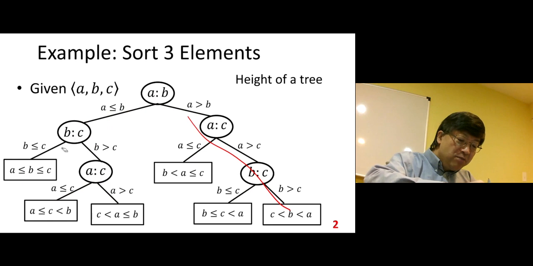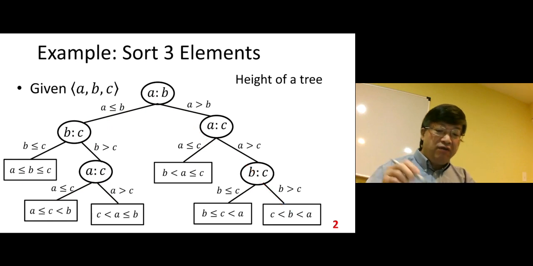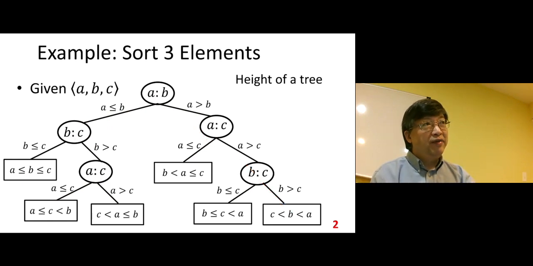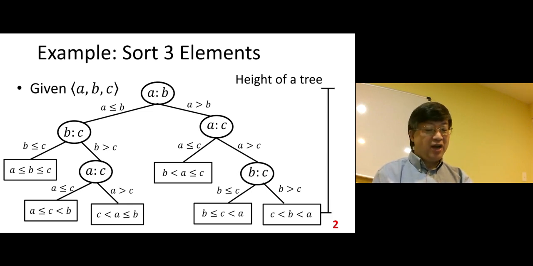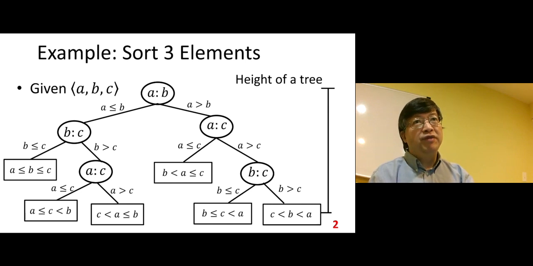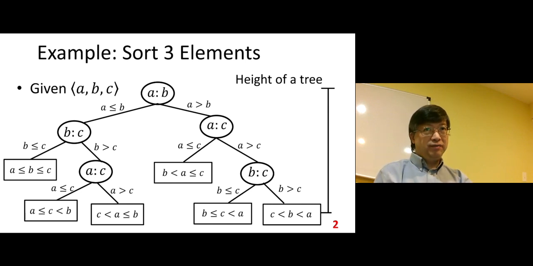Height. What is the meaning of the height of a tree? We want to look at that information. This is the height. What is the definition of the height of a tree? From the root to a leaf, to the leaf with the longest path.